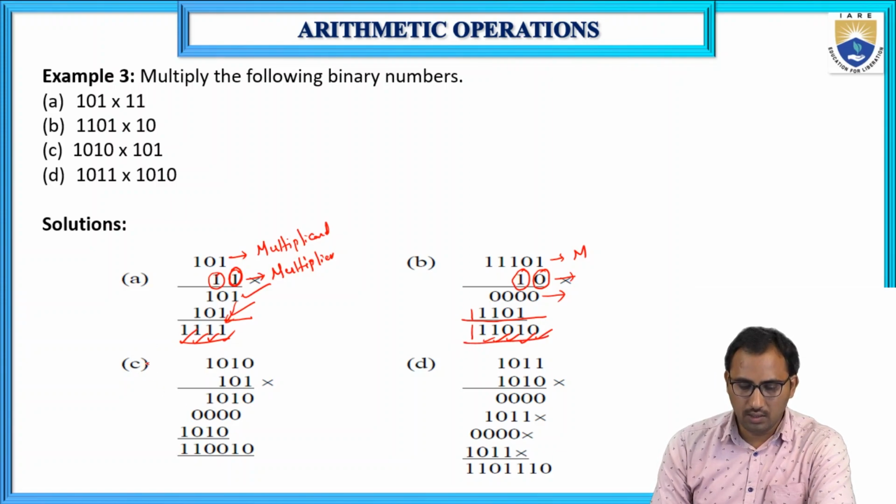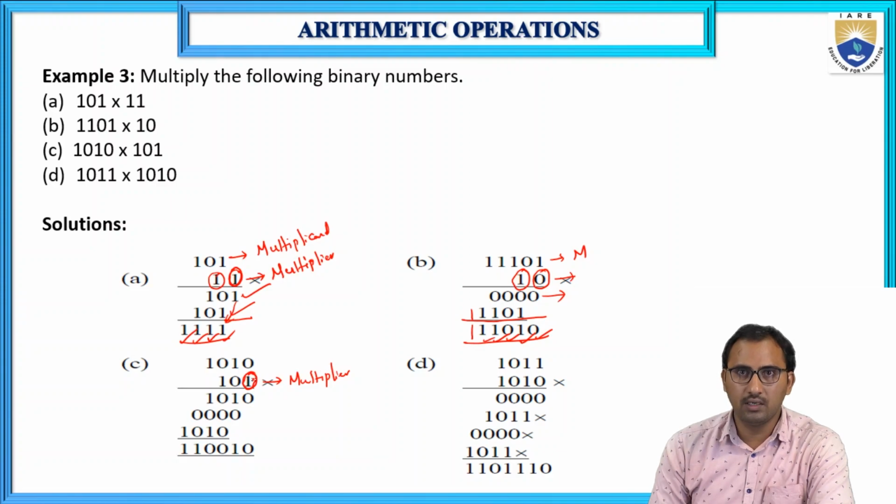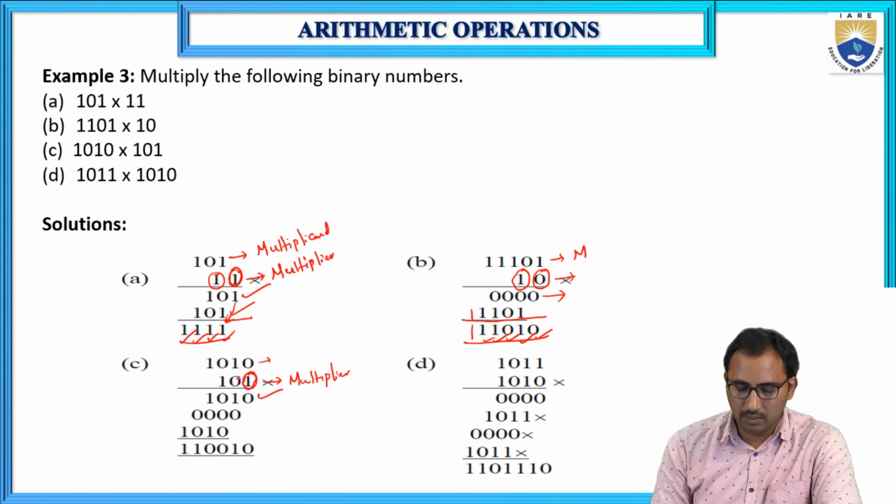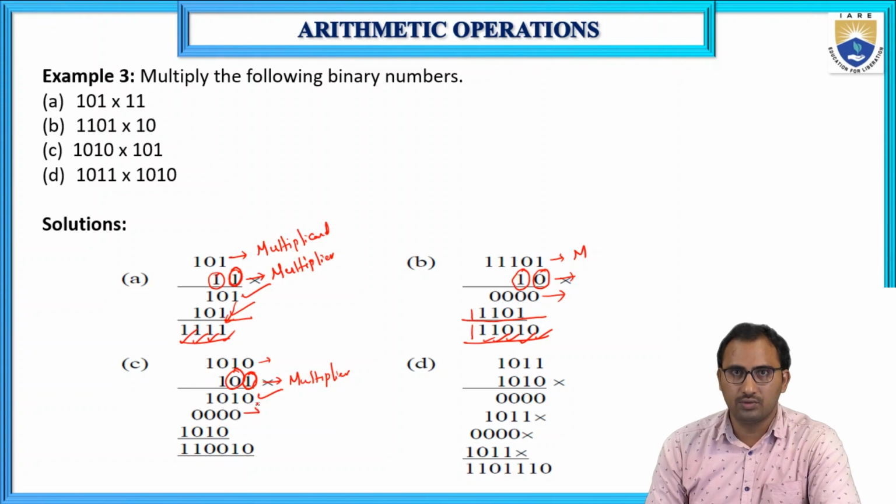Coming to the third example: 1010 multiplying with 101. First we consider the multiplier, and we take the rightmost bit and multiply the multiplicand with it. So you will get 1010. When you multiply with 0, you will get all zeros.